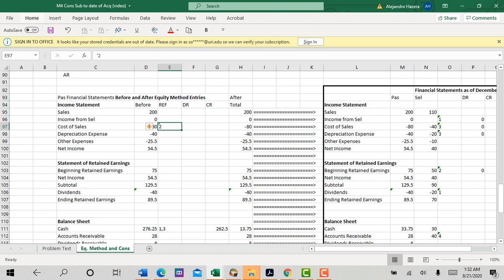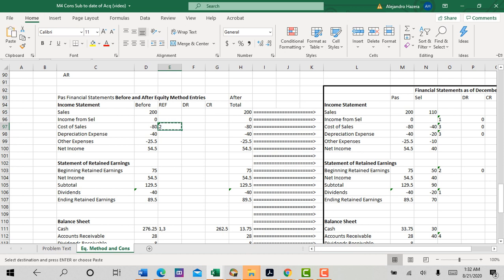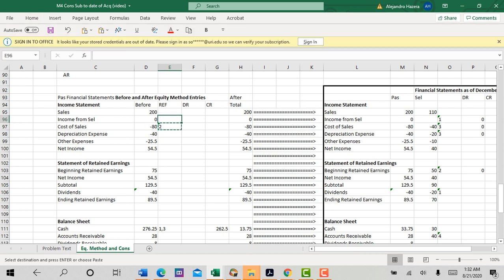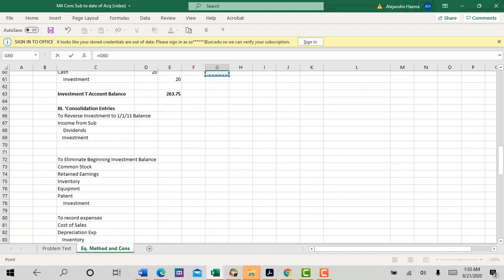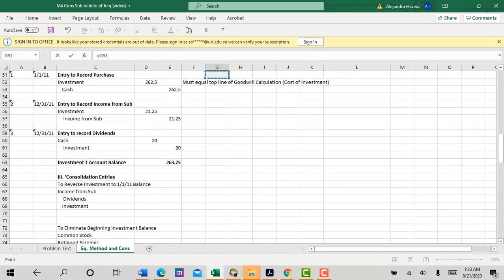I misplaced that. Let me move this up to there. So we'll credit income from sub for 21.25.